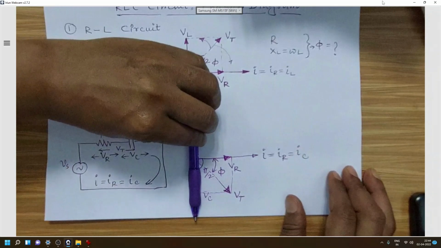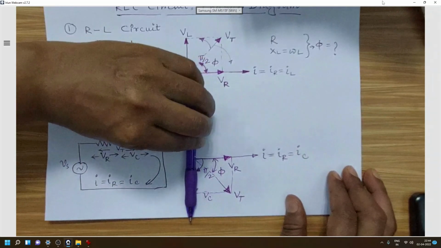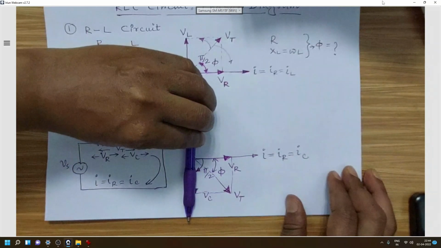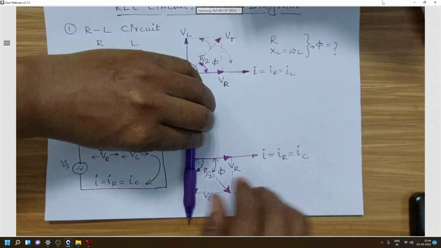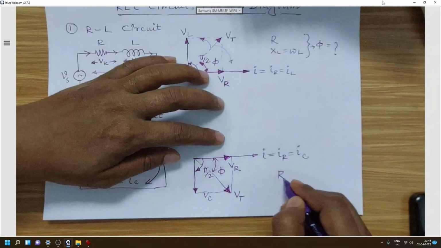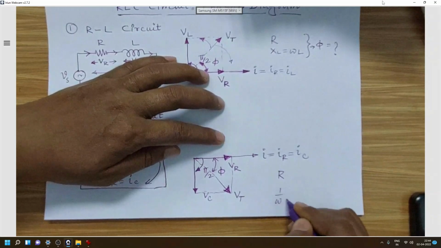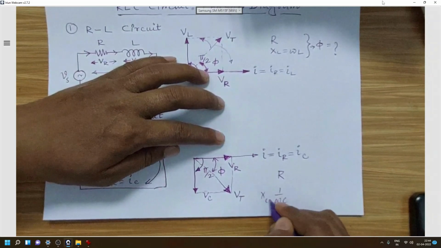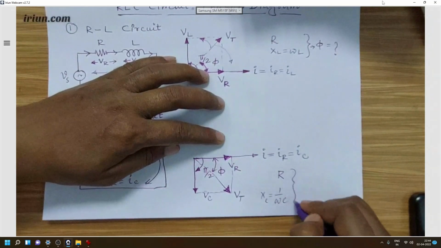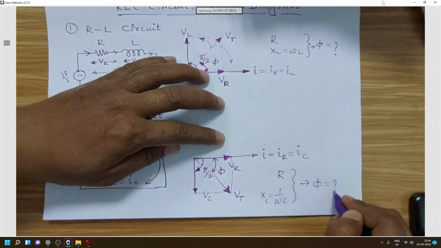Whenever the resistor in the circuit is 0, it will be located exactly at 90 degree angle with the current, as we have studied in the earlier section. Here also the phase angle depends on XC, that is capacitive reactance 1 by omega C, and R. Depending on these two values, phi will be decided.